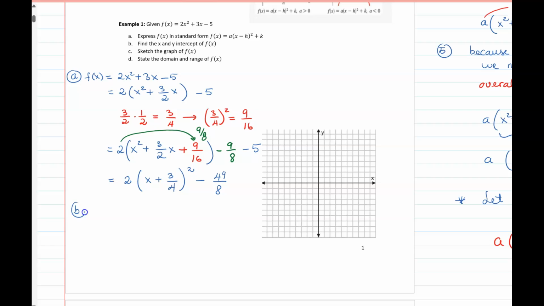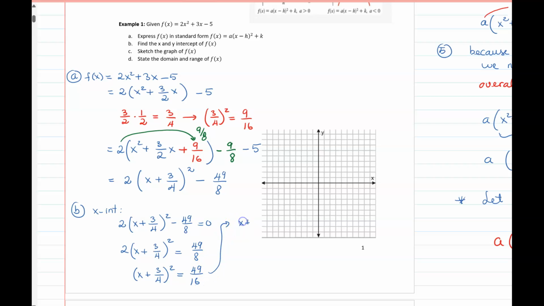Part B. We want to find the x and y intercept. So x-intercept is the value of x when y equal to 0, which means we set the equation equal to 0. So 2 times x plus 3/4 squared minus 49 over 8 equal to 0. So then x plus 3/4 squared times 2 equal 49 over 8. X plus 3/4 squared equal to 49 over 16.